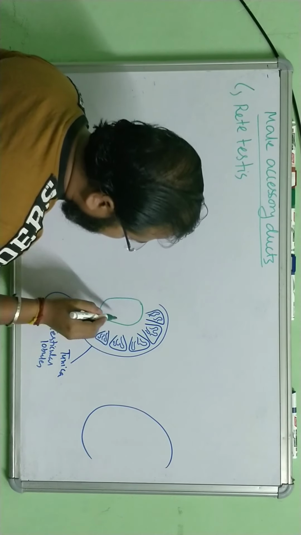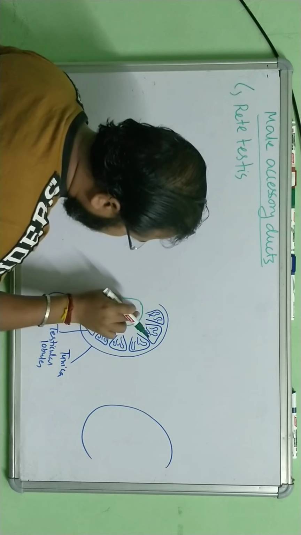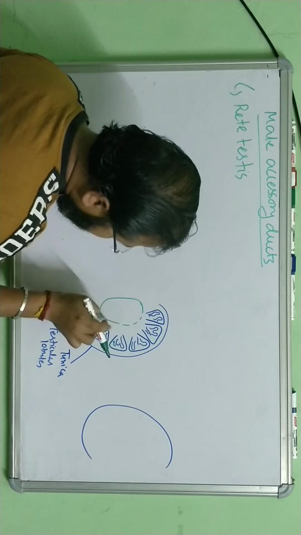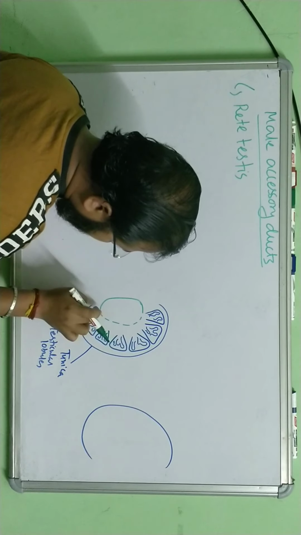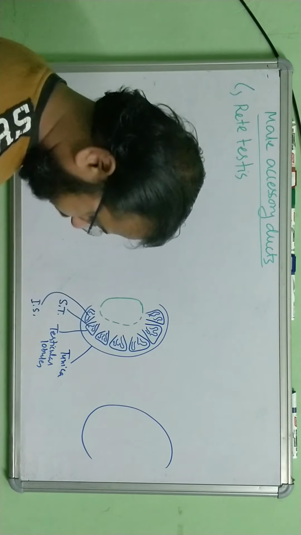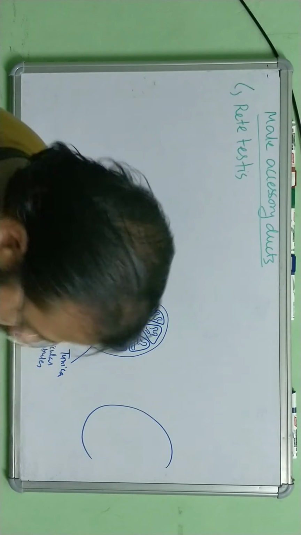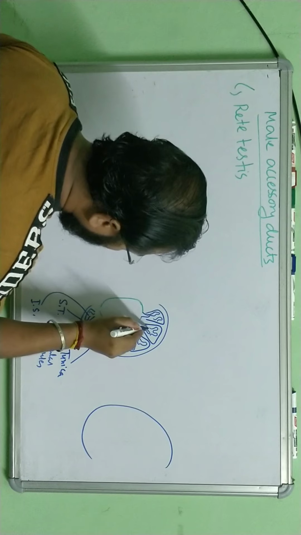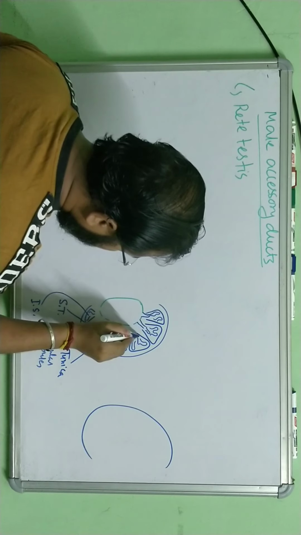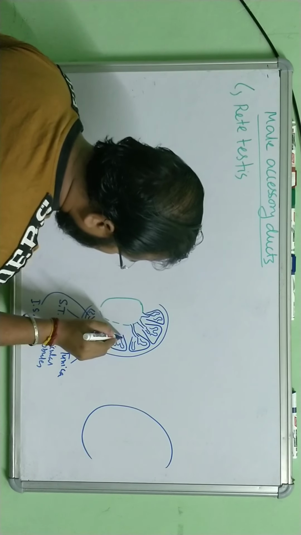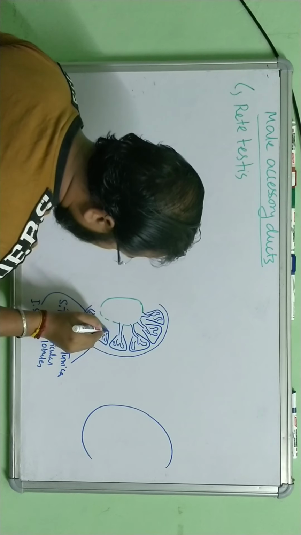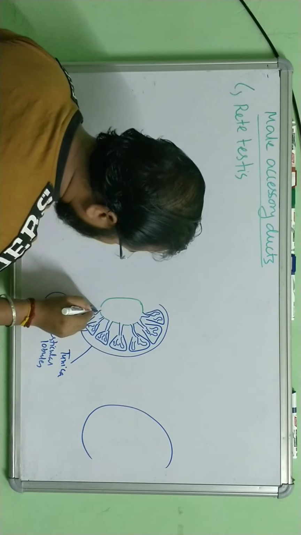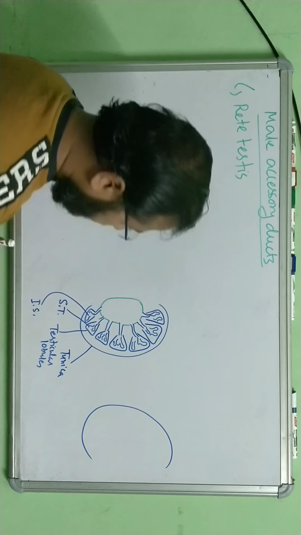This is the area where these sperms are transported through these seminiferous tubules into this rete testis. So rete testis, we can say that it is a network of the seminiferous tubules coming from the testicular lobules.